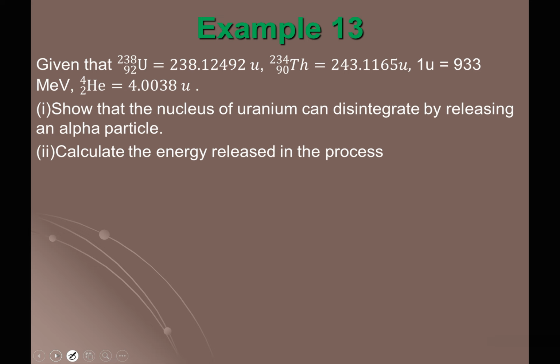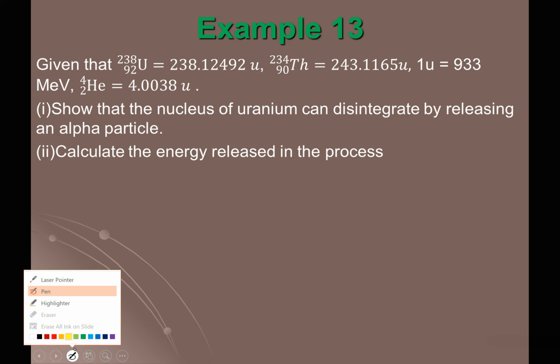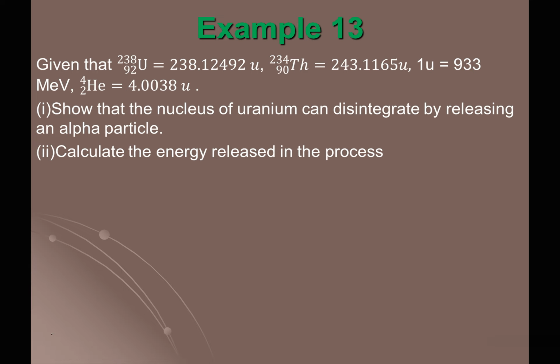So I'm going to use a different color, let me use black. So uranium-238, I will start by writing the equation, even though it's not necessary. So we have uranium, it is 238, proton number is 92, disintegrating by emission of thorium.